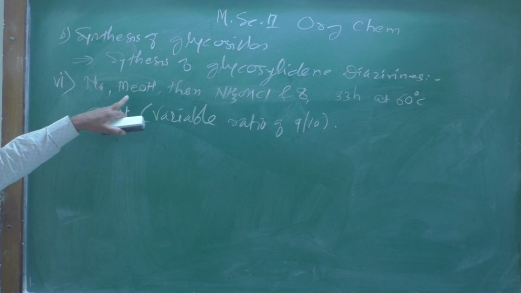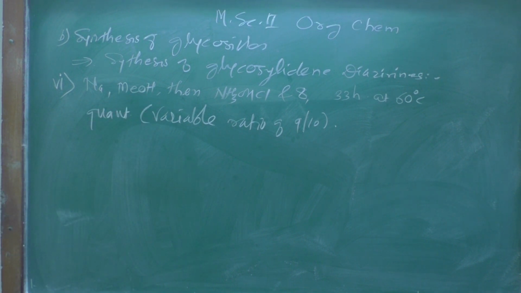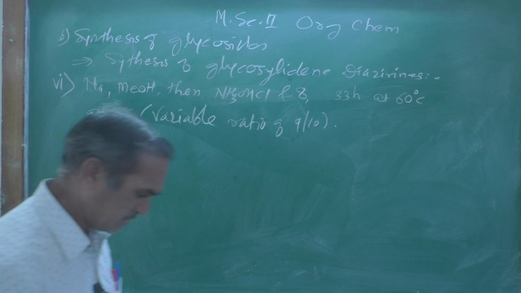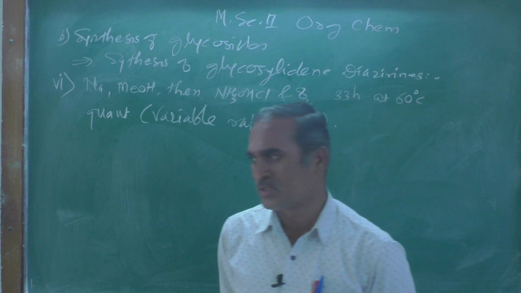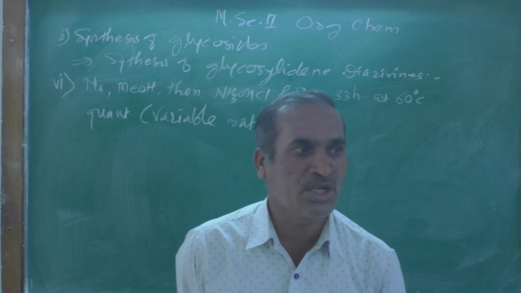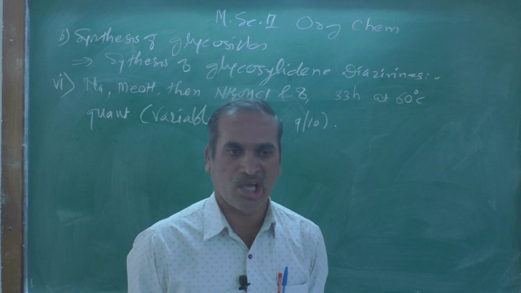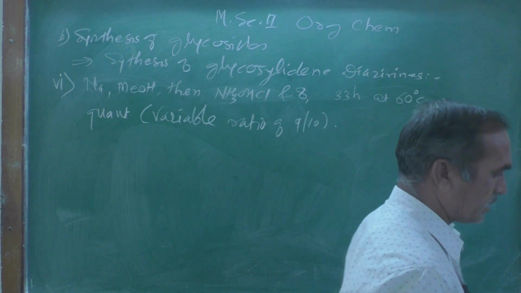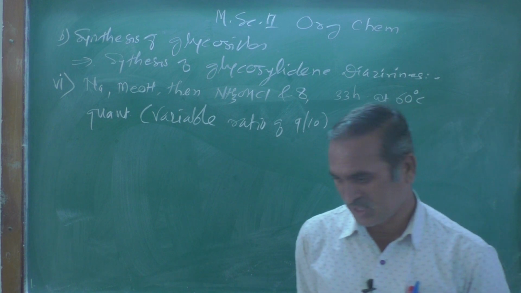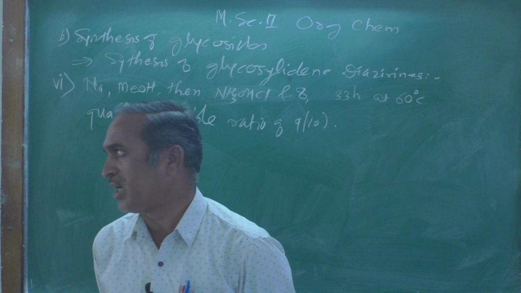Sodium metal is treated with methanol, then hydroxylamine hydrochloride, that is structure number 8, is treated with this reagent, and this reaction mixture is heated at 60 degrees centigrade for about 33 hours, and we got a variable ratio of 9 and 10.